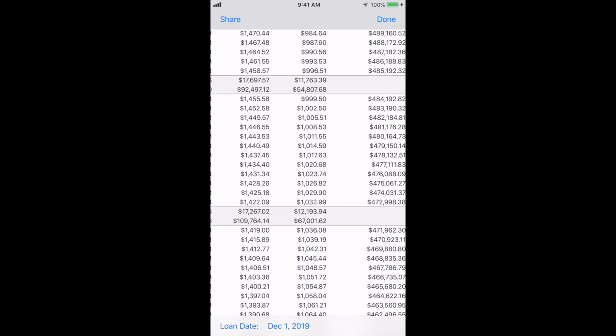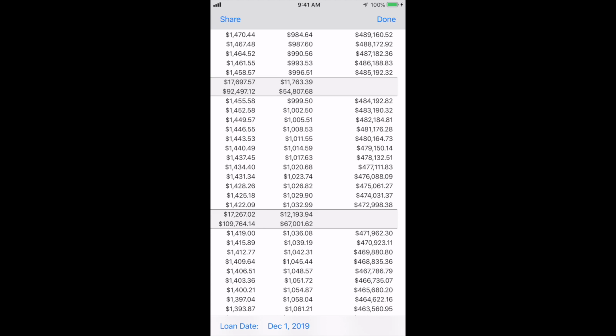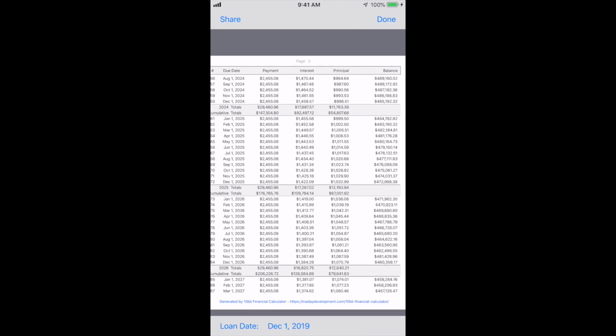Your balance here is also $485,000, down just over $10,000 from previously. So that means not only did you pay $25,000 less in payments over that 5-year period, but you also accumulated an additional $10,000 in equity based on the balance.